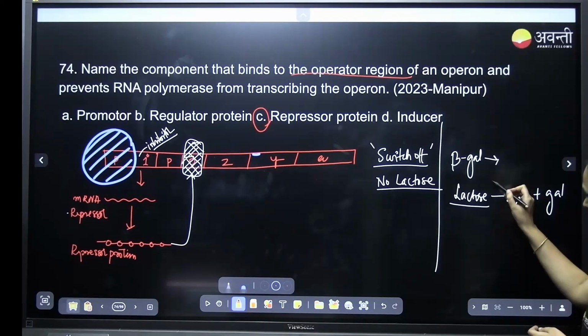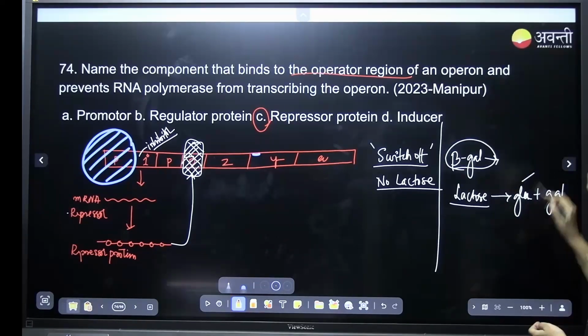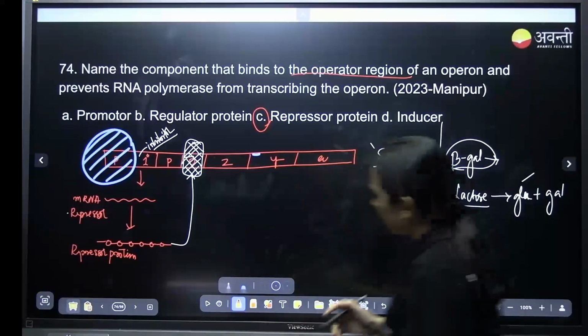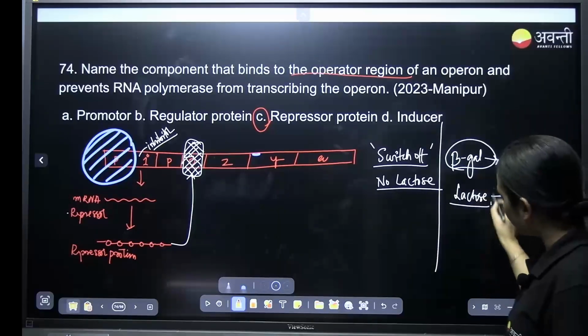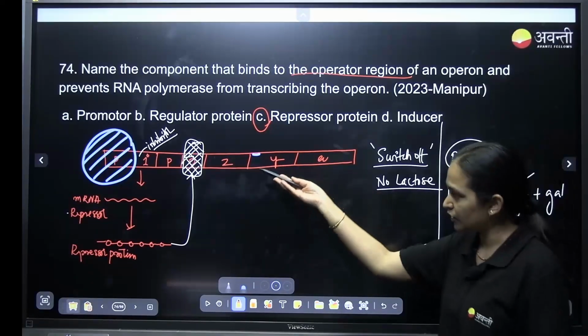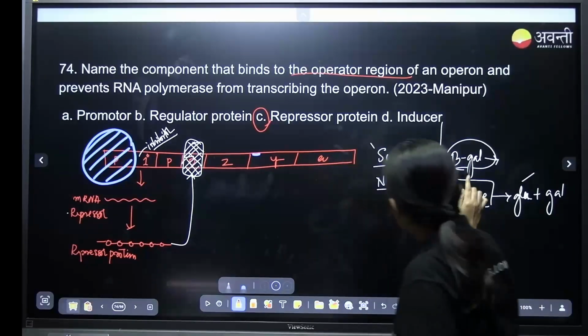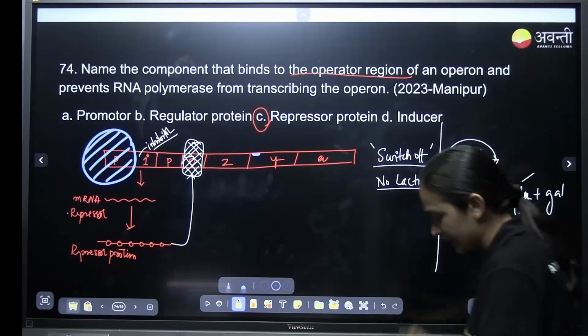Beta galactosidase does this, because glucose is a favorite substrate for bacteria. Understanding this much? So lactose should be there in the medium for this bacteria to produce the beta galactosidase enzyme to hydrolyze lactose to glucose and galactose.